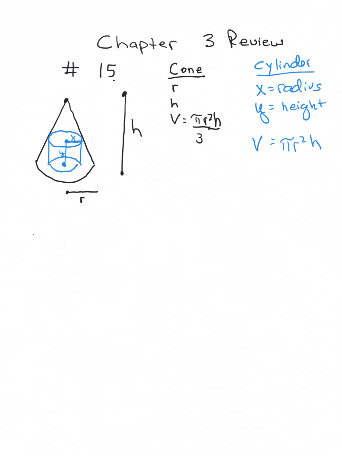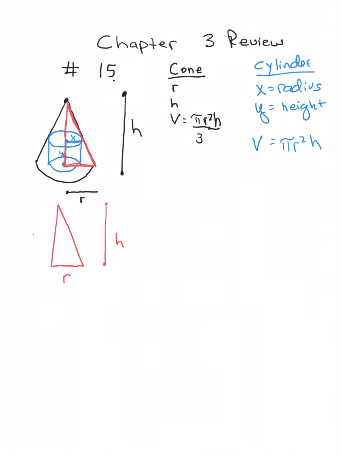This next part I feel is rather tricky because what we're going to need to do, we are going to have to consider this cross section right here. Okay, I'm going to redraw it here for you. And inside of it, so this is my radius, and this whole part here is still my height, right?